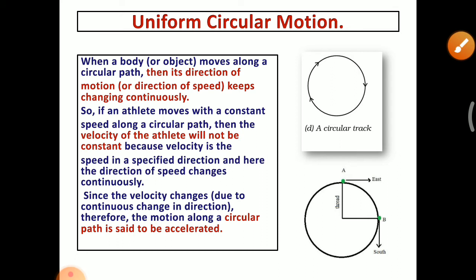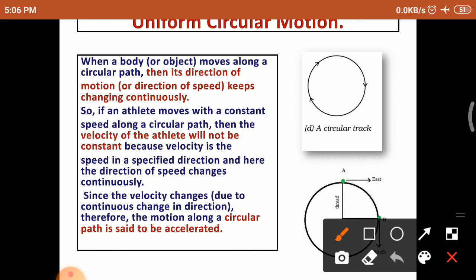So when your body moves along a circular path, the direction of motion keeps changing continuously. If an athlete moves with a constant speed along a circular path, then the velocity of the athlete will not be constant. How do you say that the velocity is not constant?